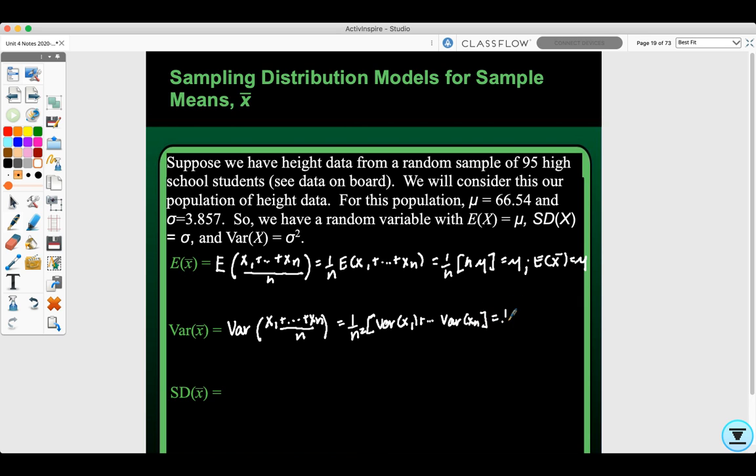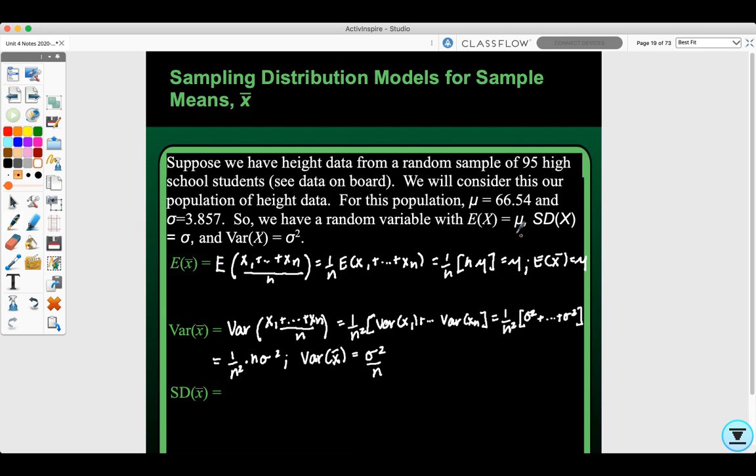This would equal 1 over n squared times sigma squared plus sigma squared, which then equals 1 over n squared times n times sigma squared. Our n's cancel. So our variance of x bar ends up being sigma squared over n.